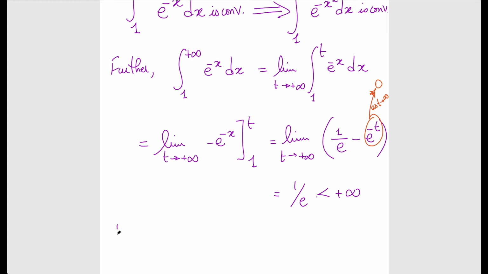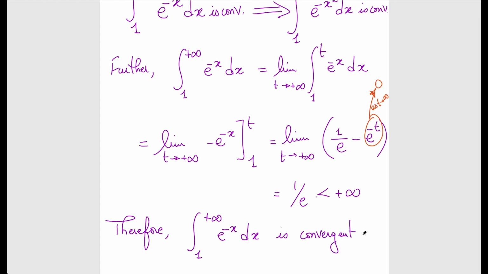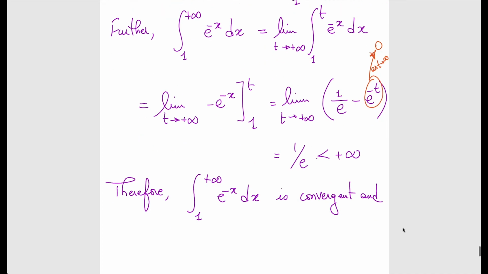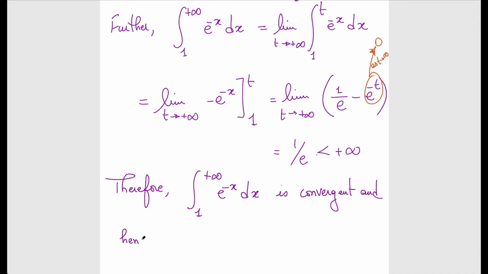So therefore, this integral is convergent, and hence this integral from 1 to infinity e to power negative x squared dx is also convergent, right?